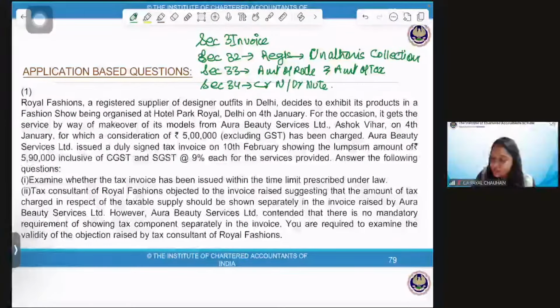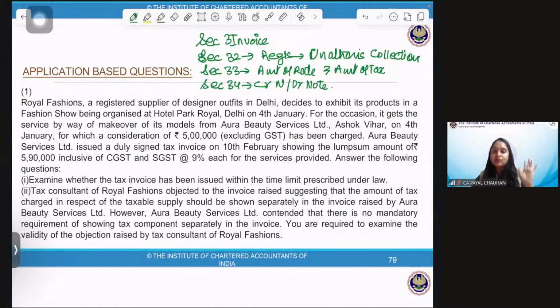Now tell me, did you people understand how to learn the sections? See, this is the way to learn. 31 stands for invoice first. Next, if you need to issue an invoice, you need to be registered. That means 32 says if you are not registered, you can't collect tax because invoice is a document showing tax.